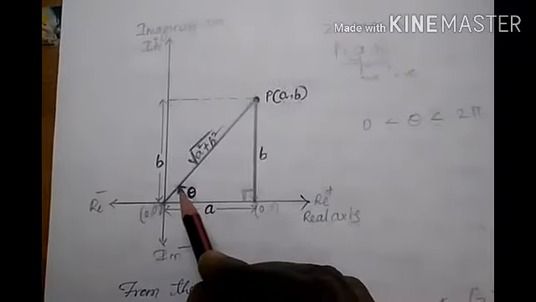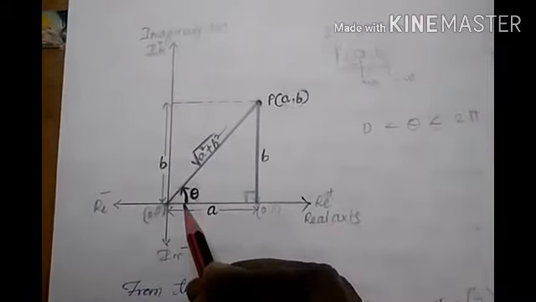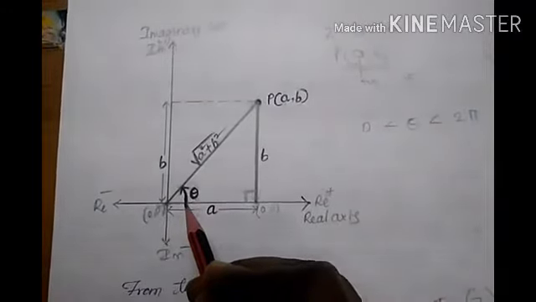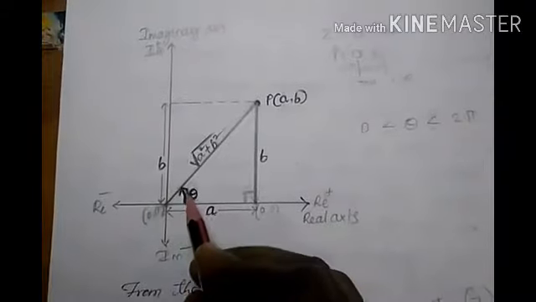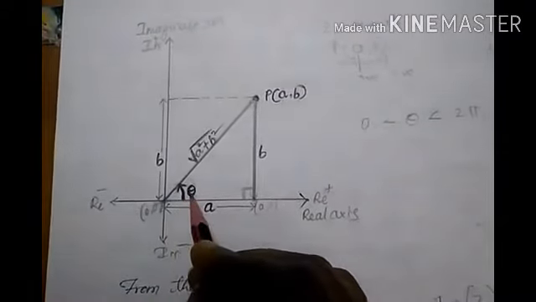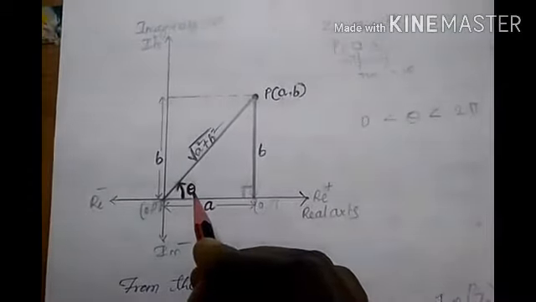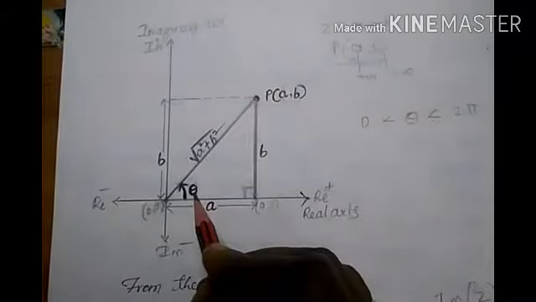So this theta is an acute angle. To find the acute angle, we can use trigonometric ratios. In your previous classes, we already learned that to find any acute angle, you can use trigonometric ratios.